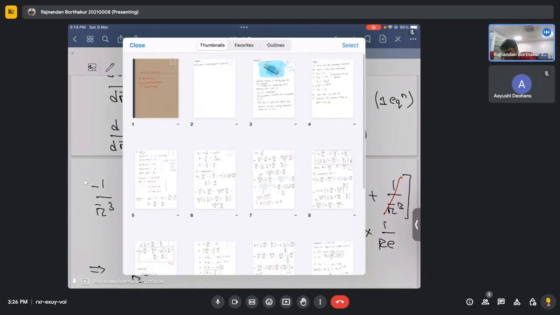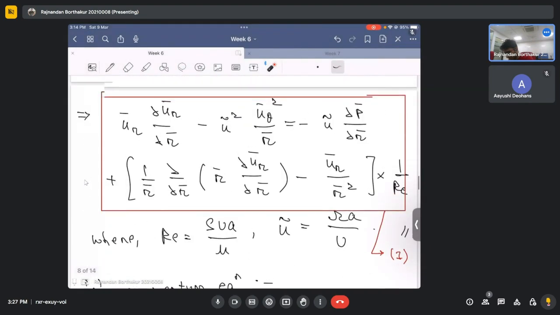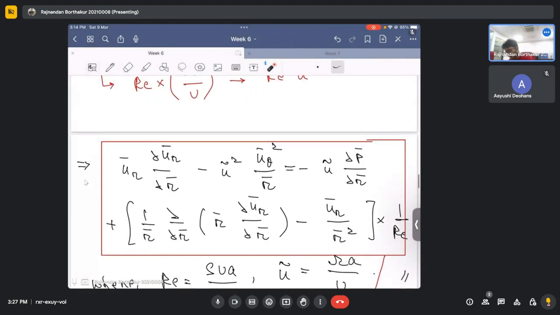I think it has to be u tilde squared only. No, I don't think so. There is a u tilde squared here, right? There's just u tilde here. Just u tilde, right? This term. I'll check it once. Yeah, I think there is just u tilde present there.